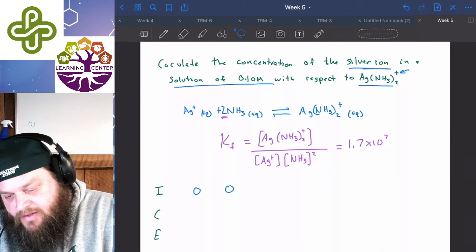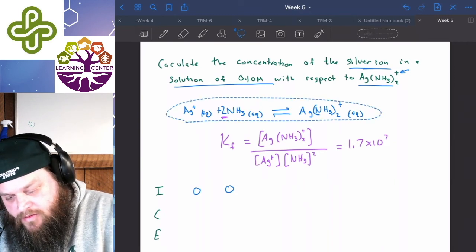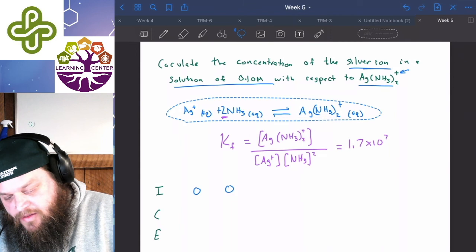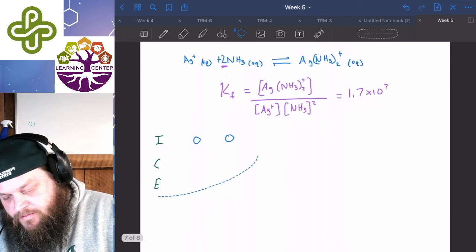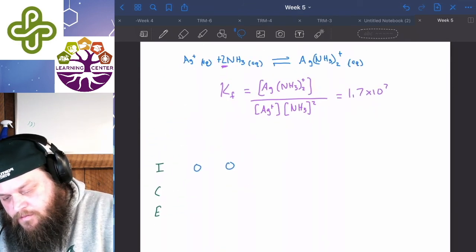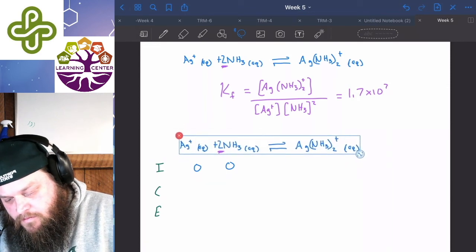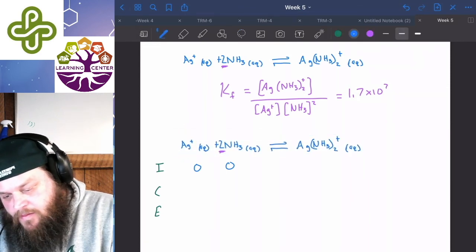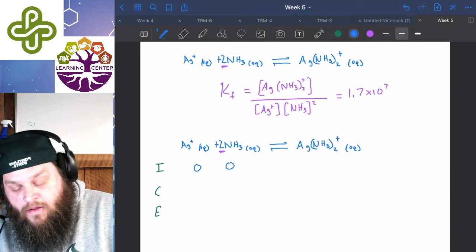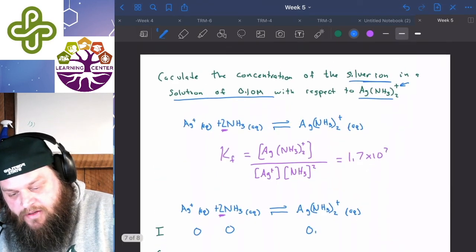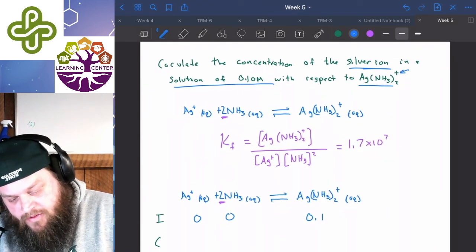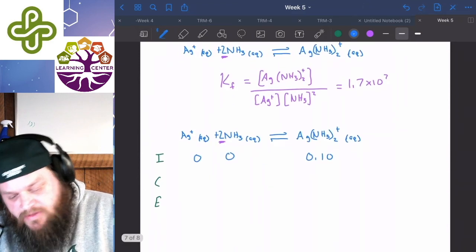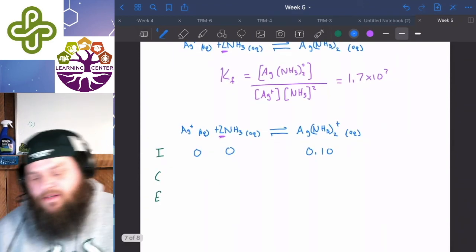Let me copy this down here so I know what it's associated with. There we go. Now it's a little easier to follow. This we said was 0.10, is the initial concentration of that complex ion.